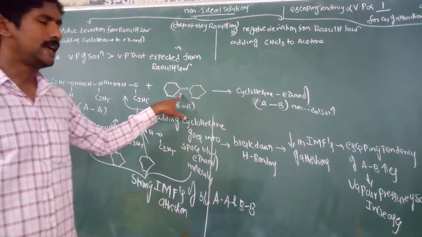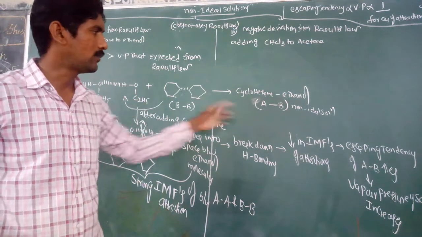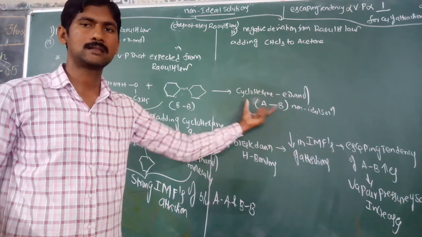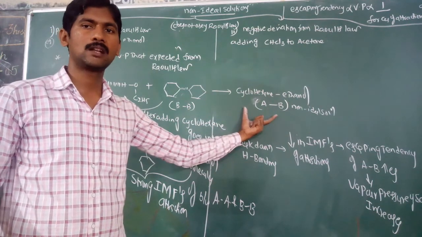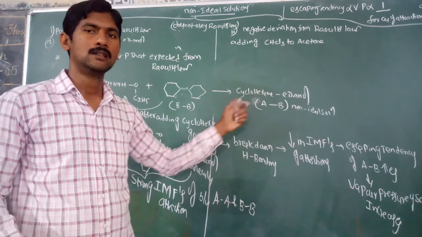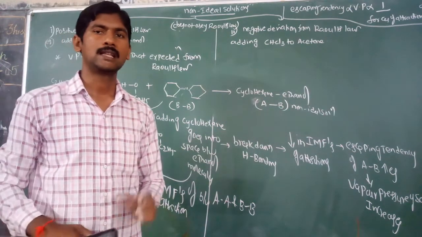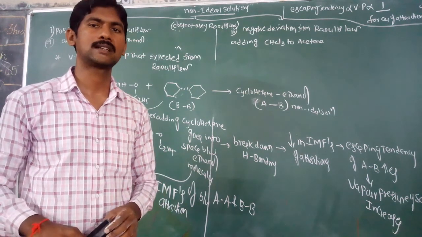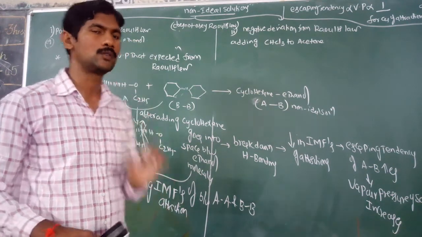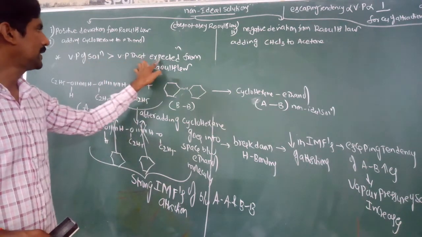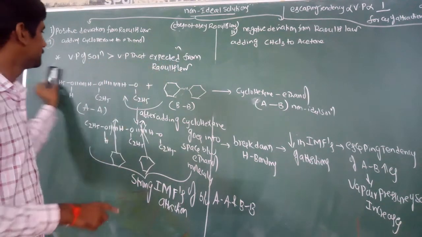Here, after adding cyclohexane to ethanol, the vapor pressure of solution increases because of the decrease in intermolecular forces of attraction. So what is positive deviation? The vapor pressure of solution is greater than the vapor pressure that is expected from Raoult's law.